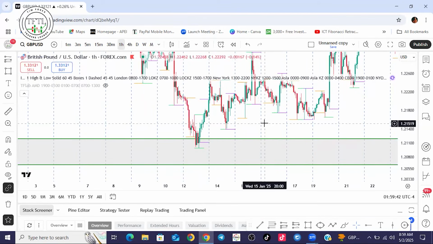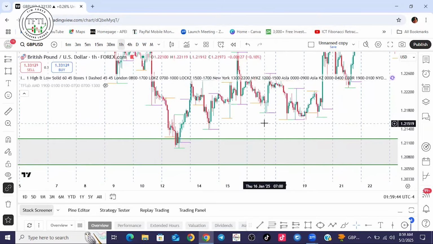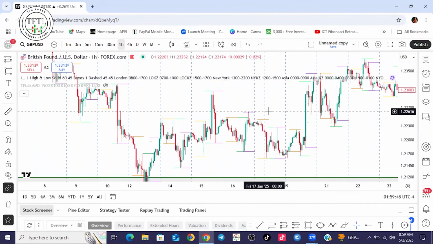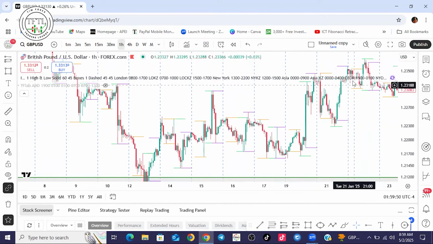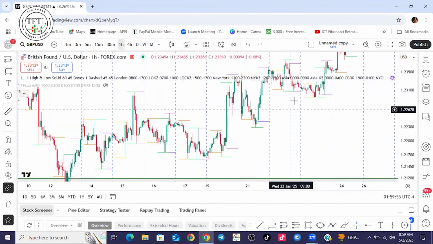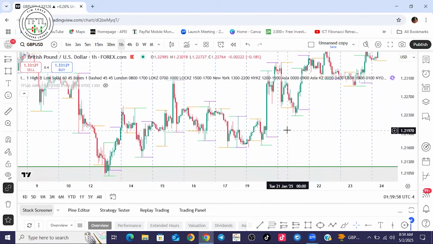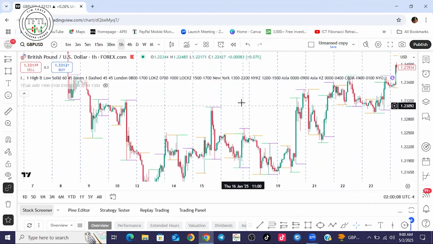I want us to look at this price action and try to see how we could have gotten more entries as the price pushes up. Remember, the weekly time frame, when we go to the 1 hour time frame, we might have downtrends and uptrends, mixed structures.